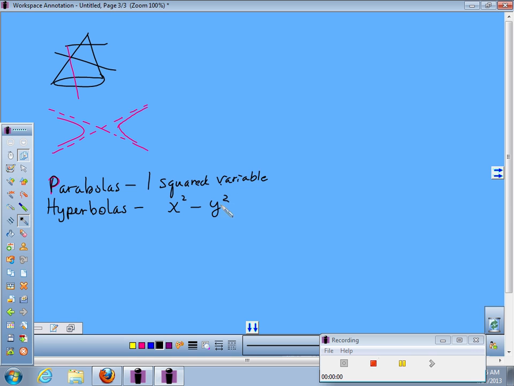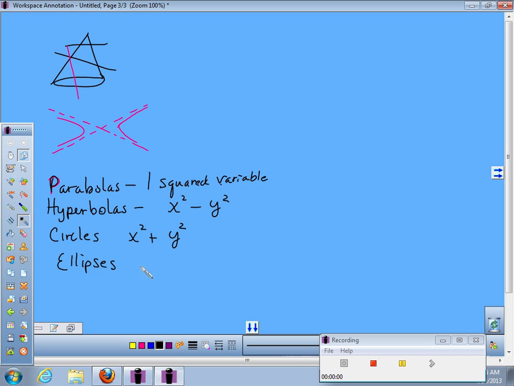Okay, that's parabolas and hyperbolas. Circles and ellipses are the two that are tricky because they're almost identical. Everything is all about the squared terms. The only thing the other terms are doing is shifting it someplace. So circles and ellipses both have squares, and they both are the same sign. They're both positive or they're both negative.